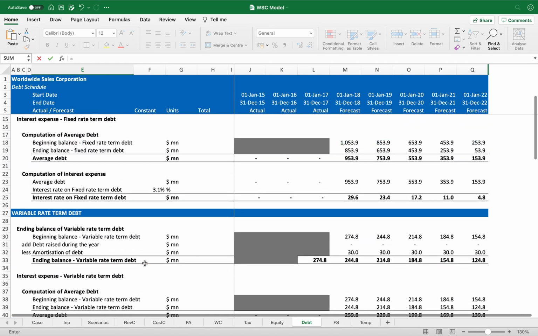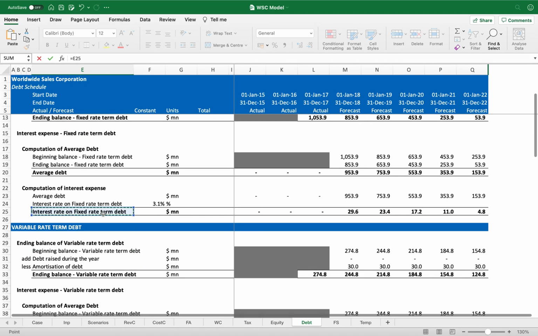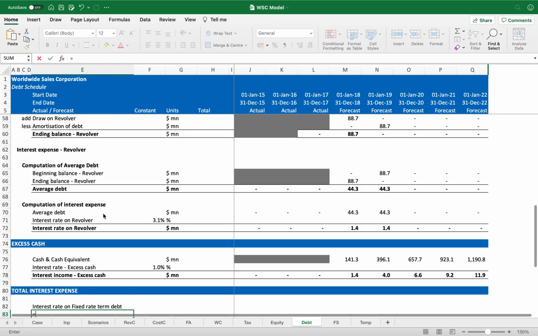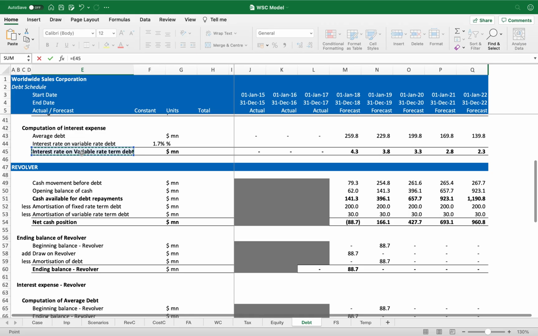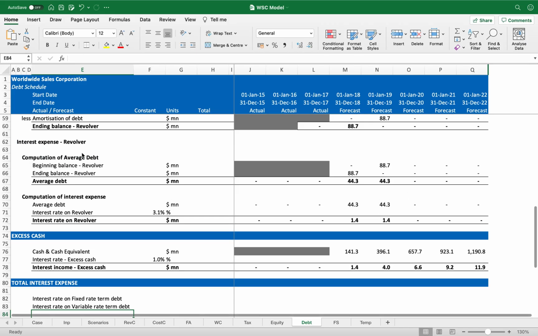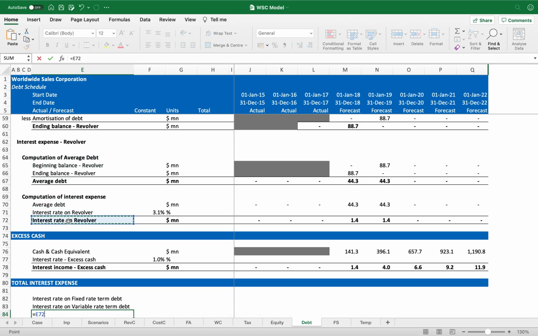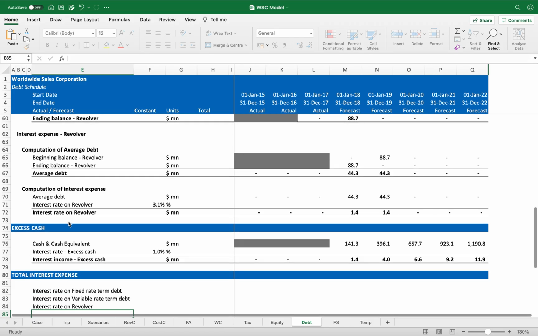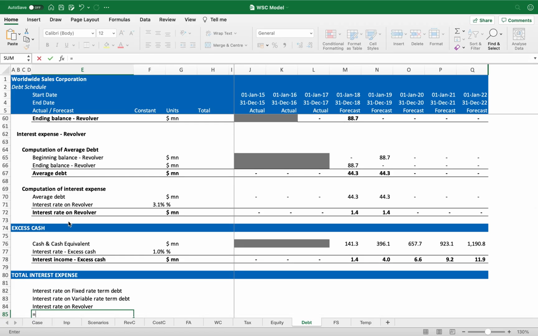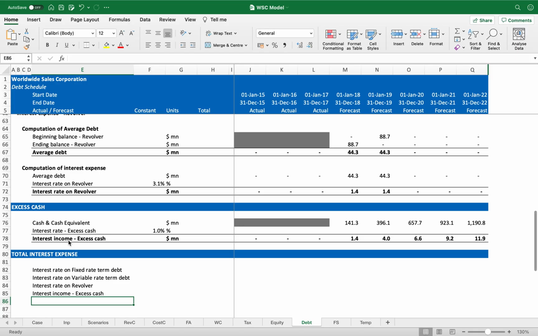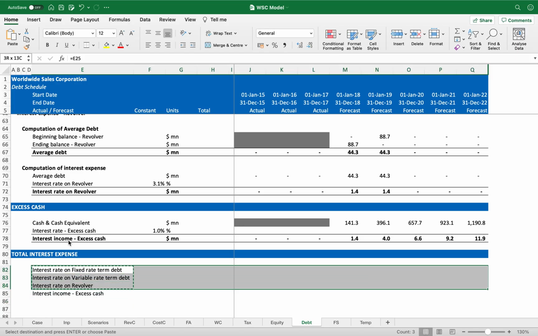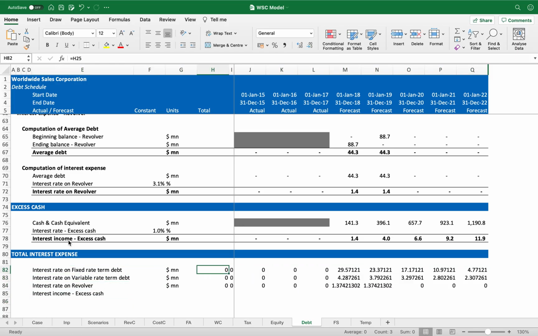So interest expense on fixed rate term debt, interest expense on variable rate term debt, interest expense on revolver, and interest income on excess cash. So let me just copy everything.